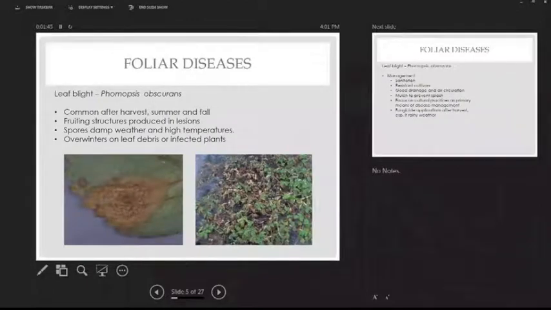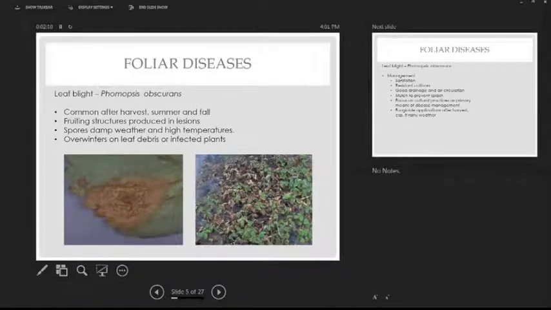In the photo on the left, you'll see those little black dots in the middle of that lesion. Those are fruiting structures called pycnidia. Inside each of those fruiting structures are fungal spores. You can usually see these fruiting structures with your eyes. You can't see individual spores, but these are capsules, if you will, that are full of spores.